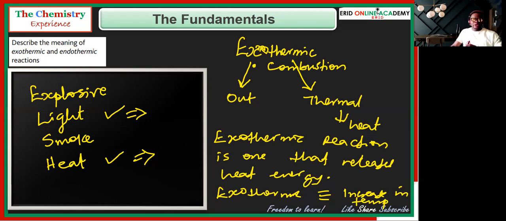An exothermic reaction. So the reaction occurs and heat energy is released. Such a reaction is said to be an exothermic reaction. Okay, so first we are just looking at meaning. What does it mean? Before we look at the nitty-gritty of it, okay?